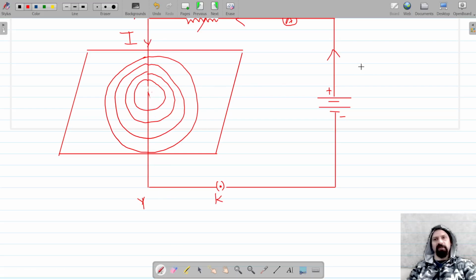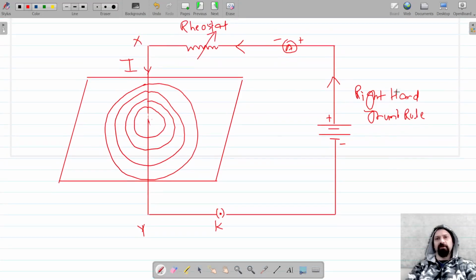And to find the direction of magnetic field lines, let's use the right hand thumb rule. Our right hand thumb rule says that if we grasp the conductor in our right hand and if the thumb shows the direction of the current, then the direction in which the fingers curl gives the direction of the magnetic field lines.